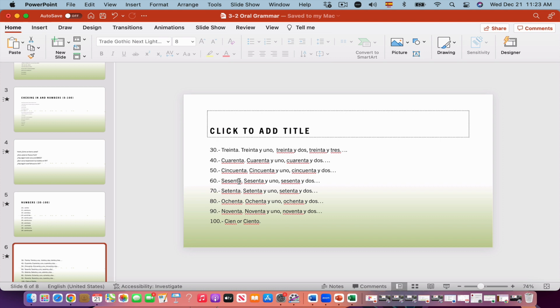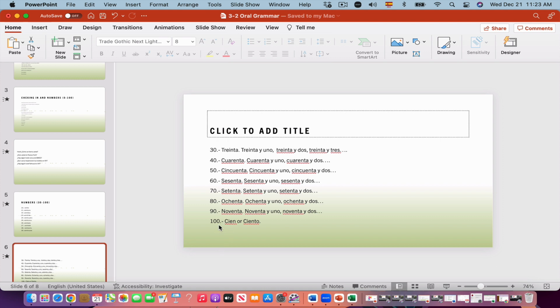So you add sesenta y uno, sesenta y dos, and keep going like that. Setenta, setenta y uno, setenta y dos, setenta y tres, and so on. When you get to 80, ochenta, ochenta y uno, ochenta y dos, ochenta y tres, and so on. And 90 is exactly the same. Noventa y uno, noventa y dos, and so on.